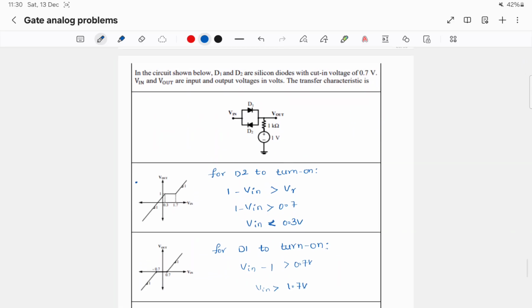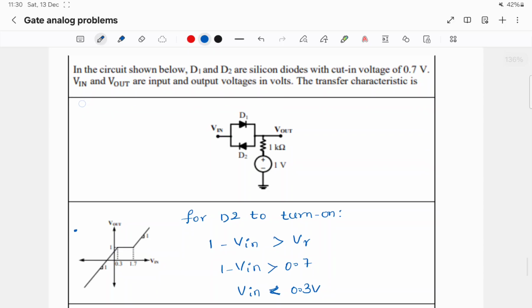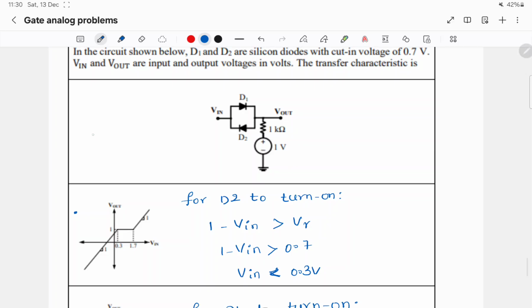And here it is a simple diode clipper based question. Here they are sweeping input from negative to positive values, and we have to find out how the output waveform looks like. To solve this type of questions, we have to see one thing.